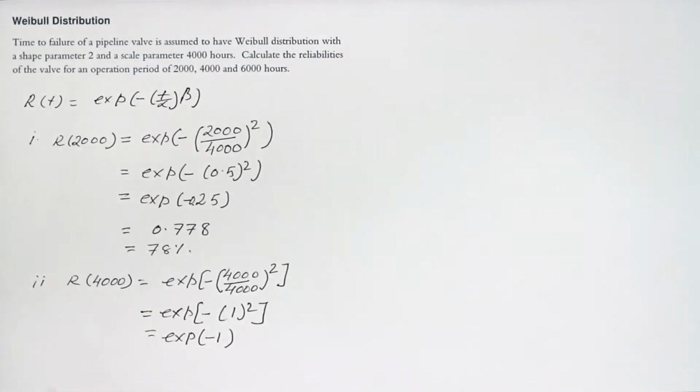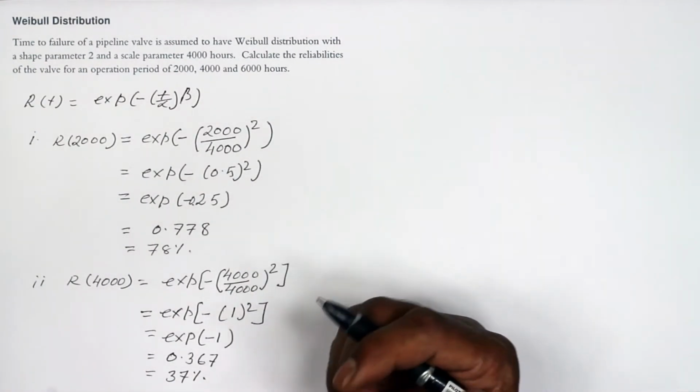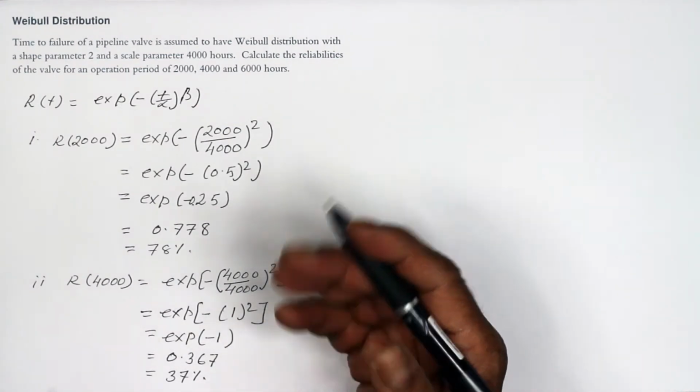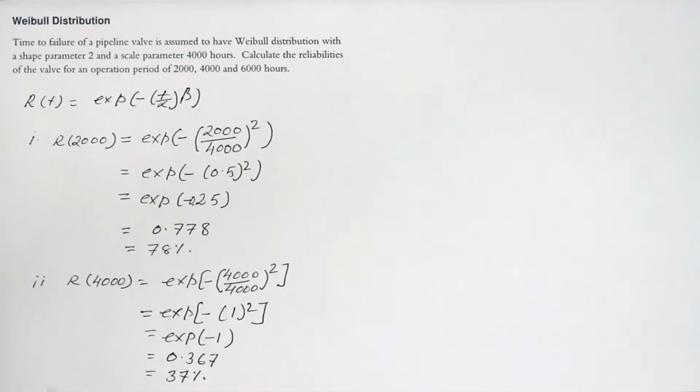If you remember from the exponential model, we get the same value, and it is roughly 0.367, about 37% reliability. So just by increasing the operation from 2000 to 4000 hours, reliability almost becomes half. So reliability is decreasing with increasing time, and you remember, that means there is an increasing failure rate.